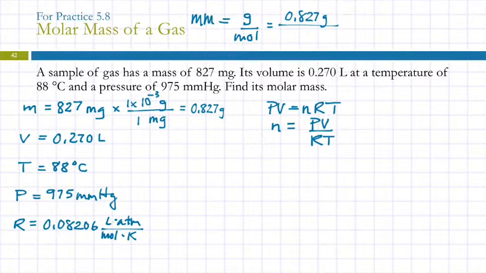We have to convert some things. Temperature has got to be in Kelvin, not Celsius. 88 plus 273.15 is 361.15 Kelvin. And then the pressure.